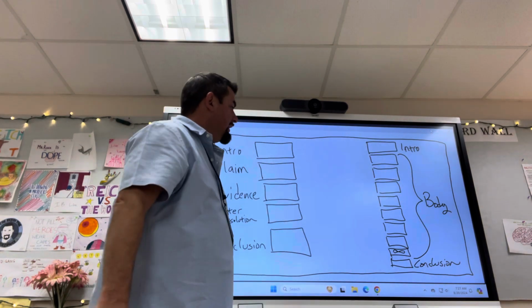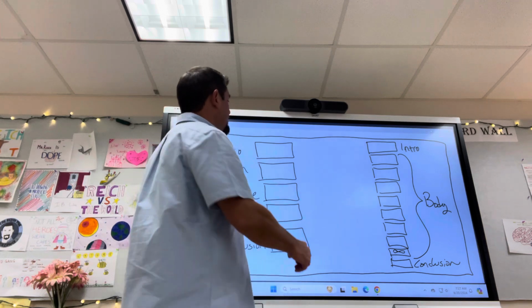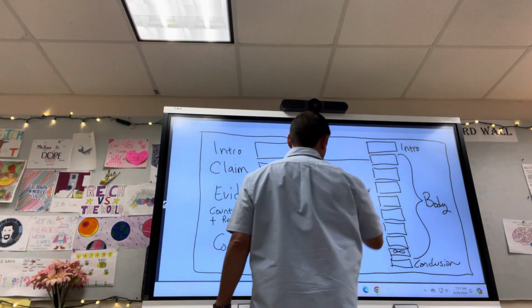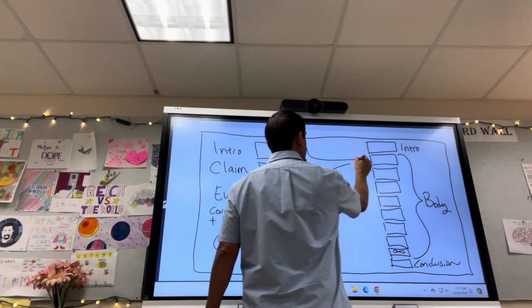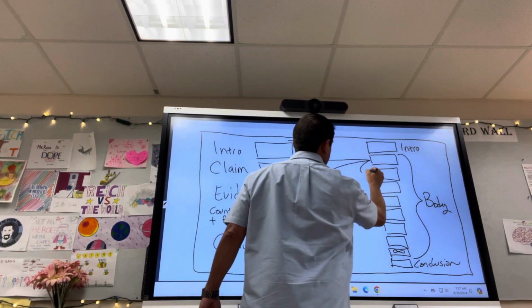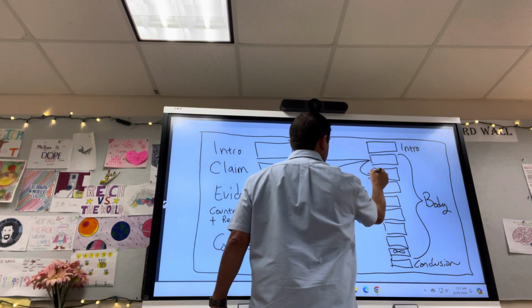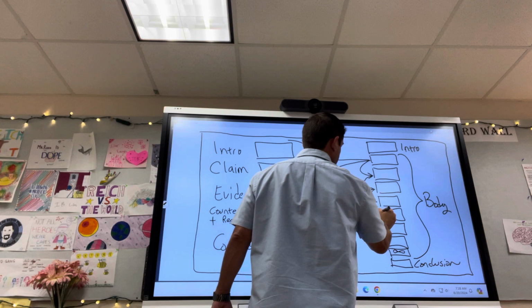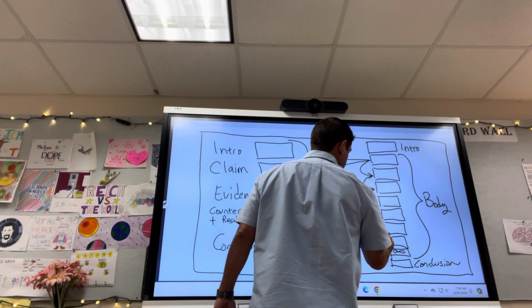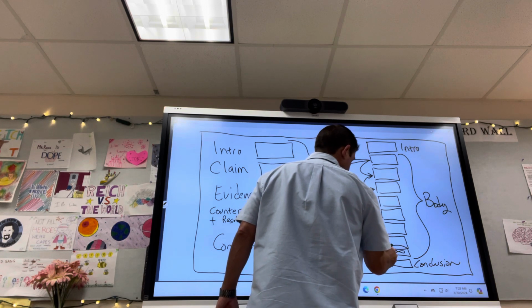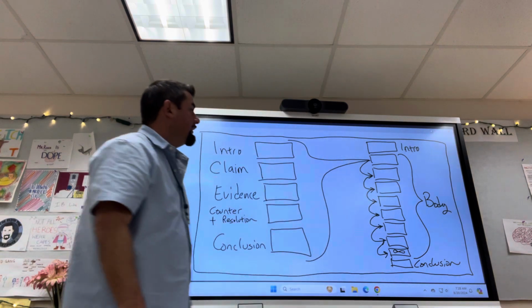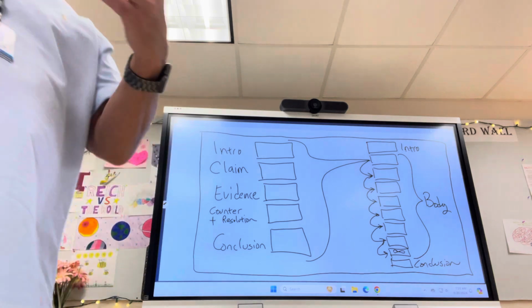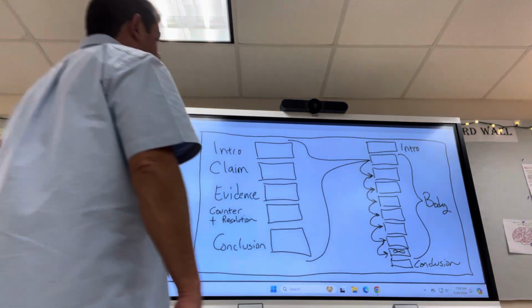All right? And so what you need to understand is that it goes like this. That each paragraph that you write, each body paragraph is a mini essay.